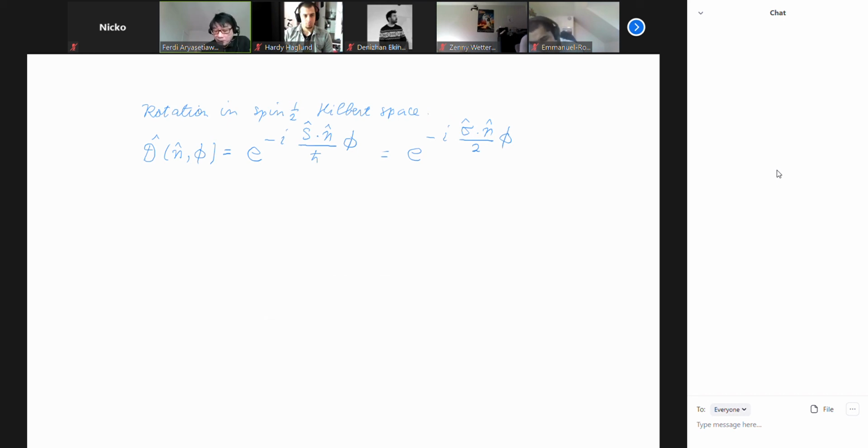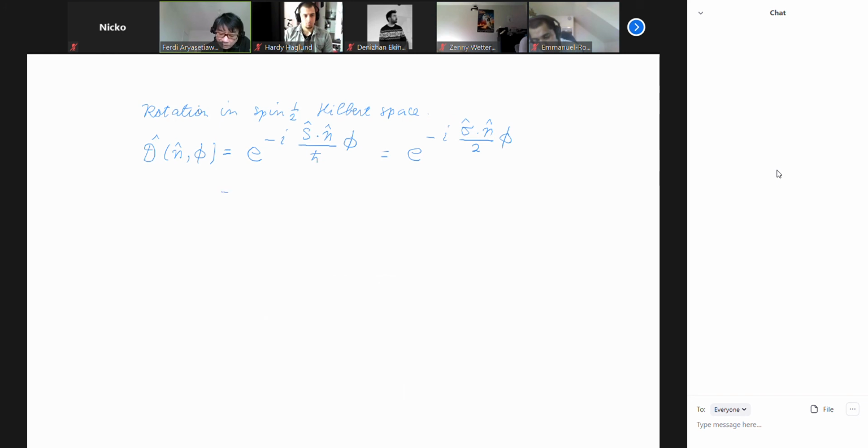Now we want to work out then the explicit form of this rotation operator. So the simplest way, the one that I think is simplest, is simply to expand the exponential.